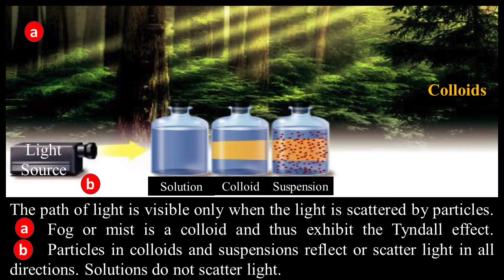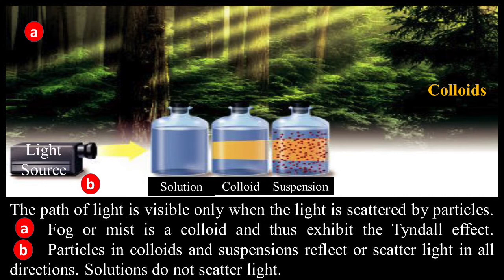Then you see light scattered in the second one, that's a colloid, and then you actually see the particles in the suspension. So fog or mist is a colloid and thus exhibits the Tyndall effect. Particles in colloids and suspensions reflect or scatter light in all directions. Solutions do not scatter light.